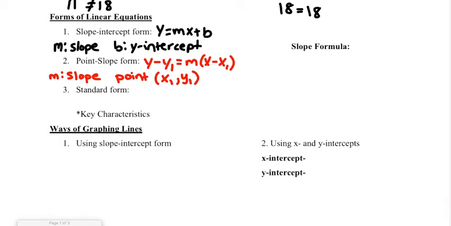Lastly, we have standard form, ax plus by equals c. And the key characteristics about standard form is that the number in the front, that number touching x, must be a positive whole number.